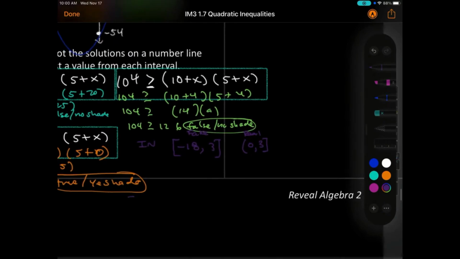Okay, the next one is called an inequality, or a fancier way of saying that is set builder notation. If I want a number that is smaller than or equal to 3, but I want the same number, pay attention, to be greater than or equal to -18.